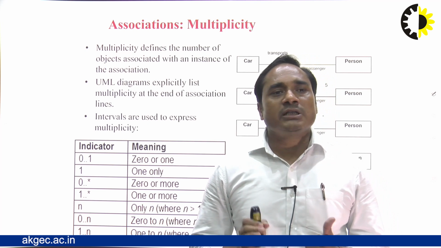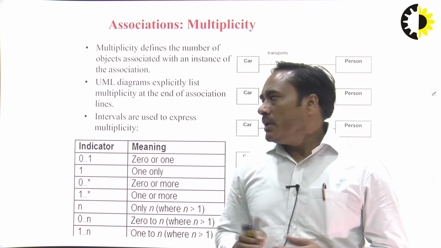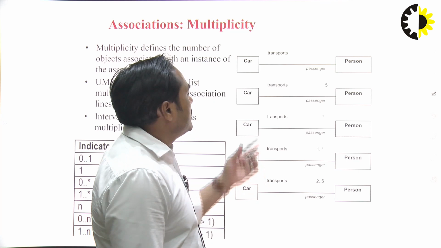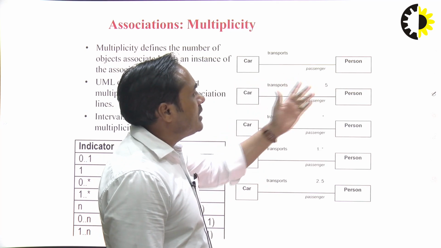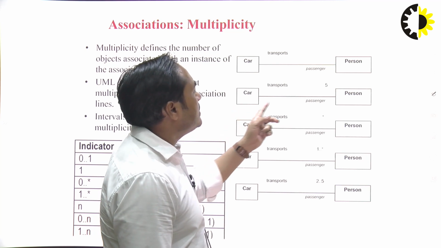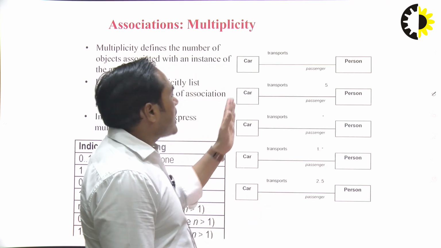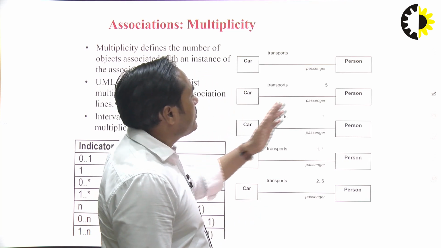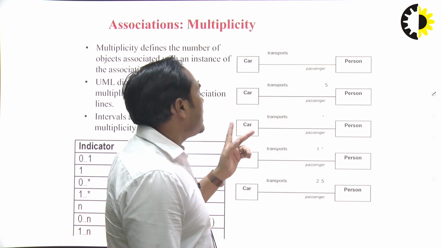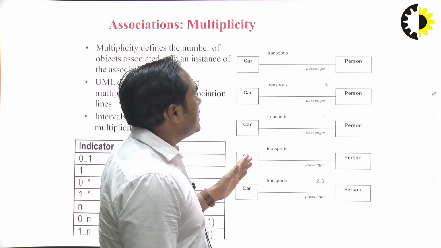So car is associated with the person, that shows the association. In this diagram we are showing the person and car. Car is a class, person is a class, and both are connected by lines, that show the association. You can show this multiplicity in many ways.